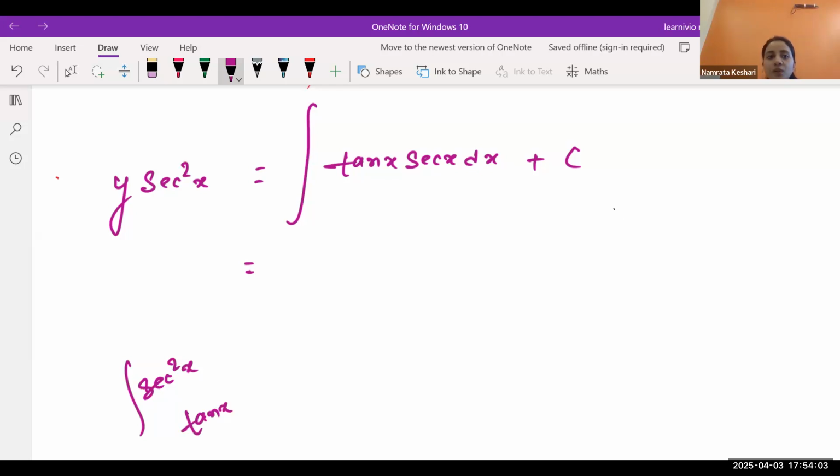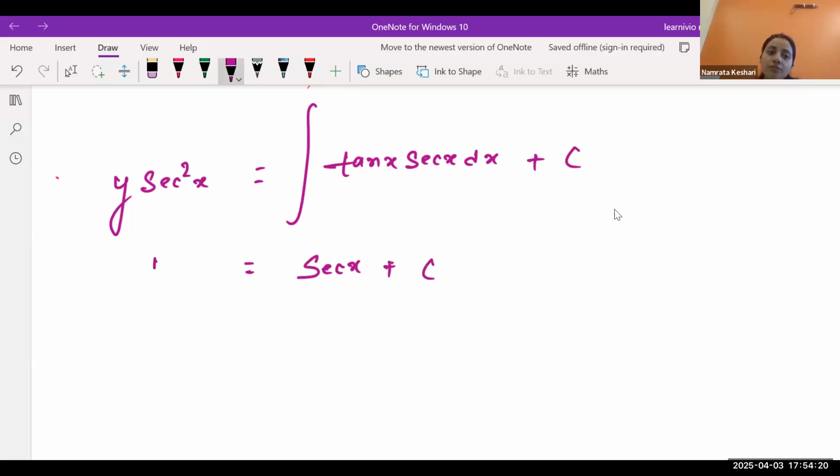Okay, we are doing the antiderivative. Have you seen the derivative of sec x is sec x tan x, right? So over here it will be just sec x plus c.